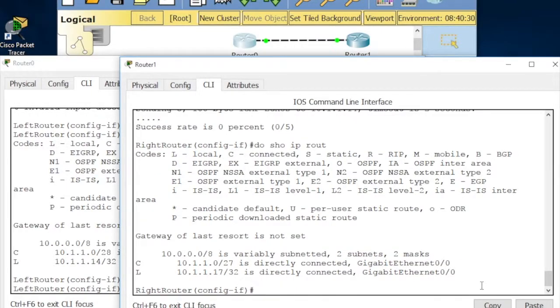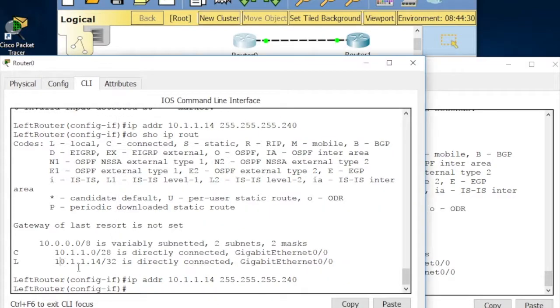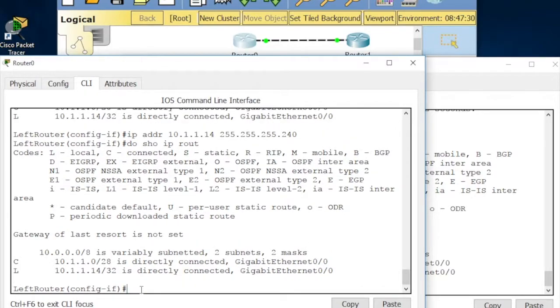This is telling me 10.1.1.0/27 is directly connected. We have mismatching subnet addresses.